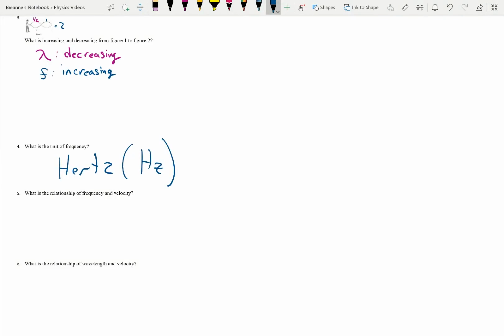What is the relationship of frequency and velocity? Let's look at our equation: v equals wavelength times frequency. Looking at just frequency and velocity, if our frequency increases and our wavelength stays the same, our velocity has to increase.